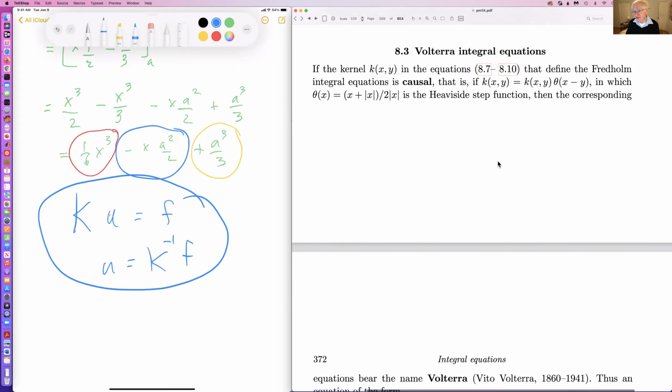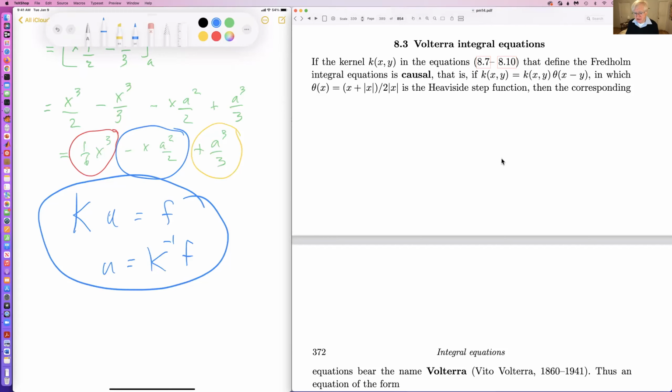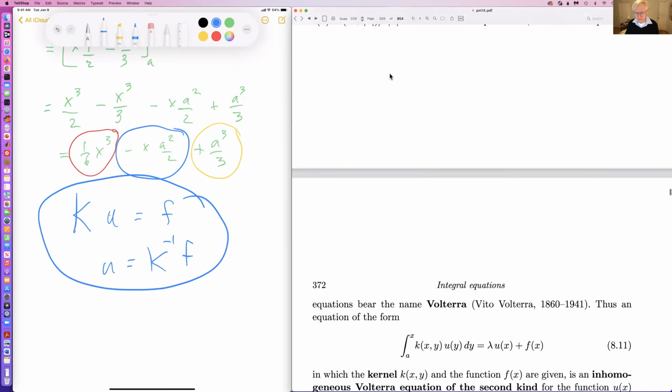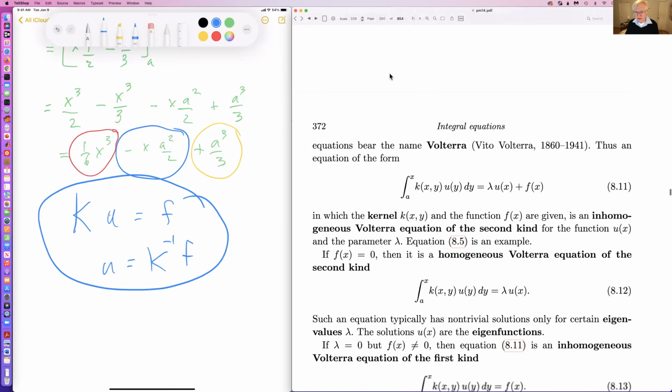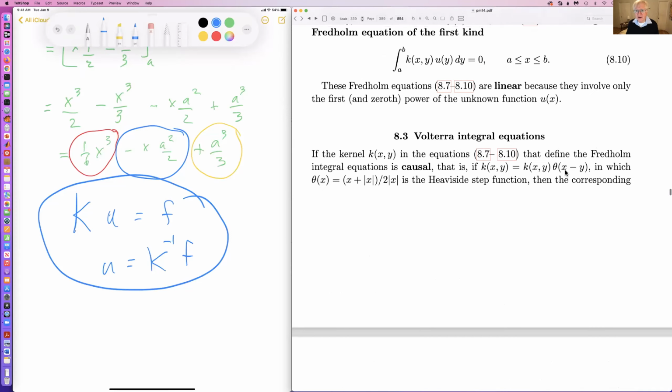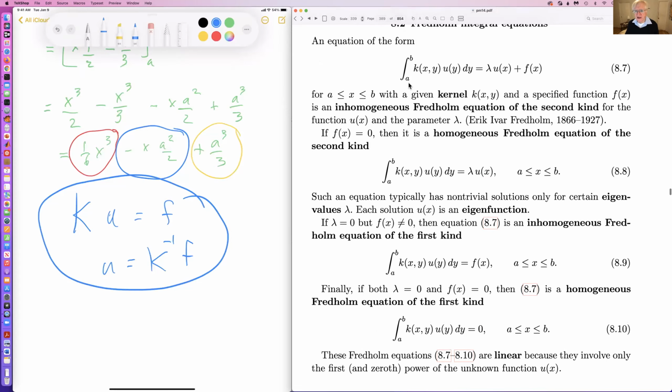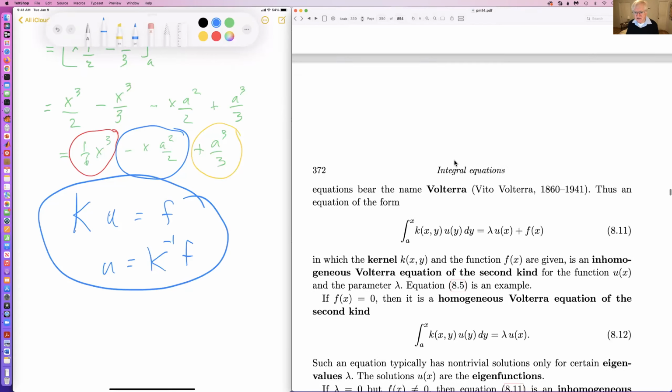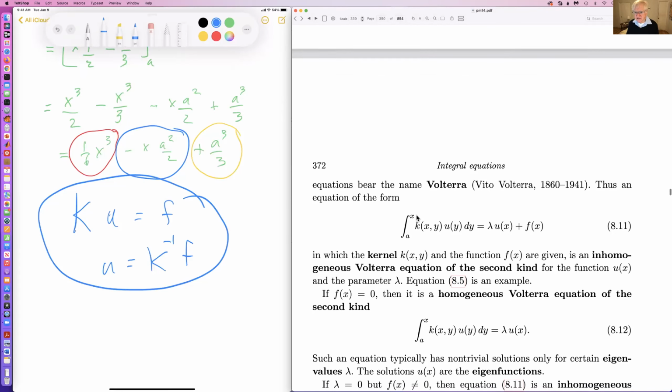The next topic is the Volterra one. This man Volterra introduced equations that look like this. And here, let's go back to Fredholm. In the Fredholm case, you have fixed lower and upper limits. In the Volterra case, your upper limit is x, and it's one of the parameters in the kernel.